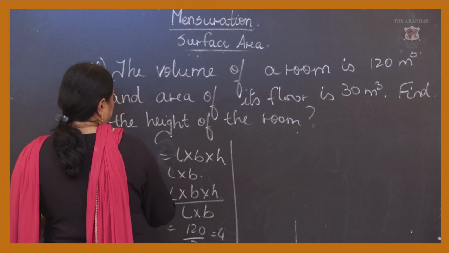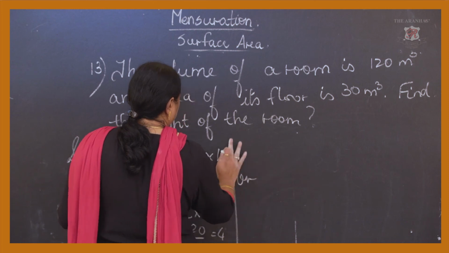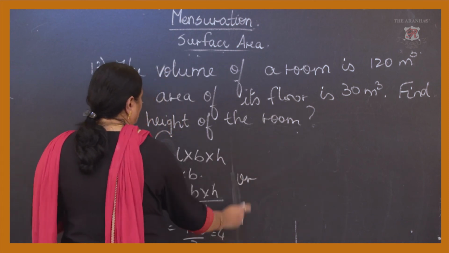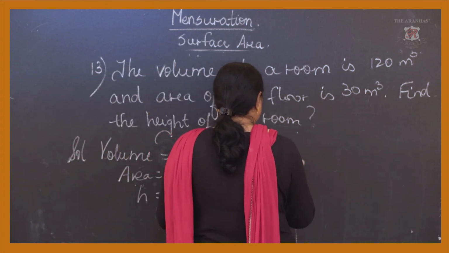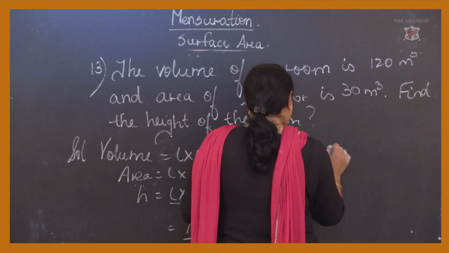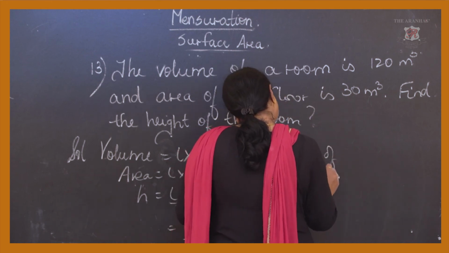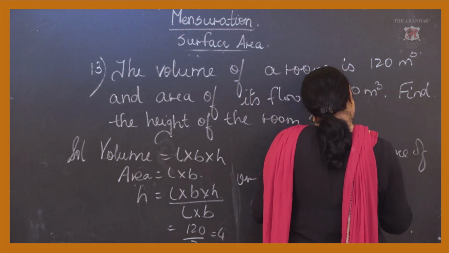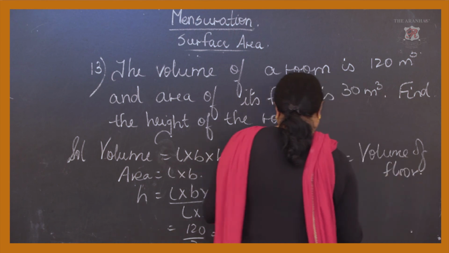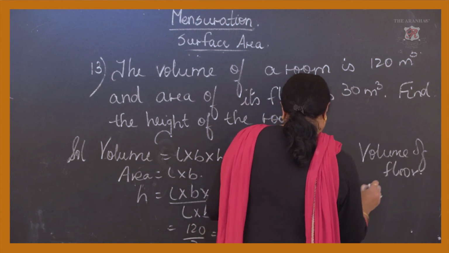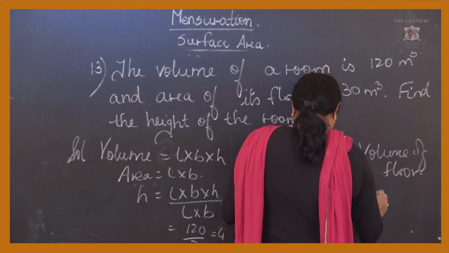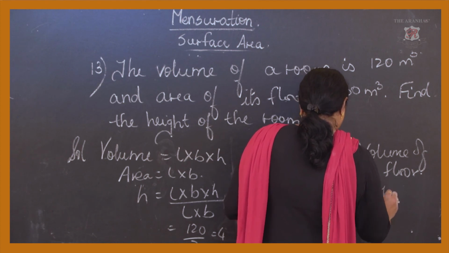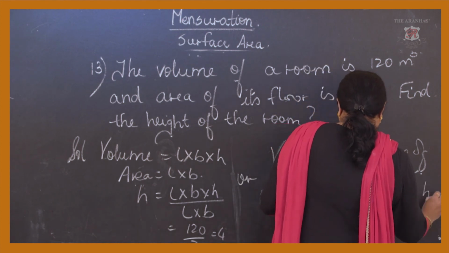Okay, you can do it this way, or you can do one more way, that is volume of room is equal to area of floor into height.